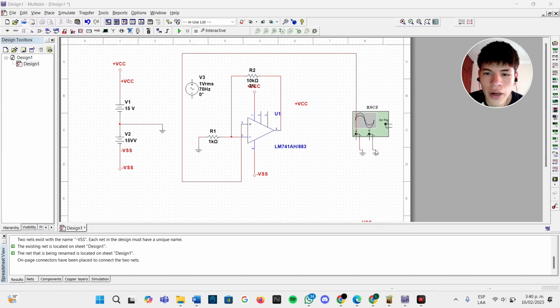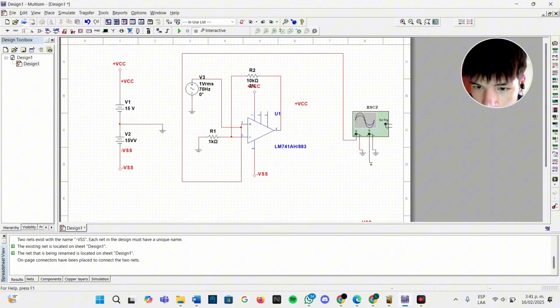The positive part with the sinusoidal. We connected the positive part with the amplification LM 739 and the negative part to the ground. And the positive part with the V in, V out.